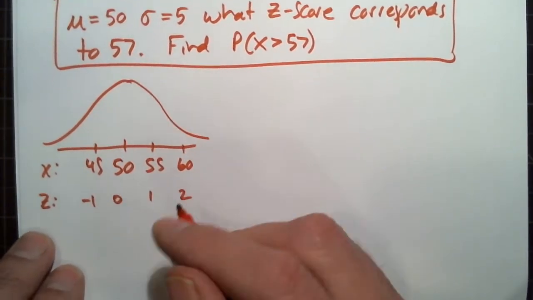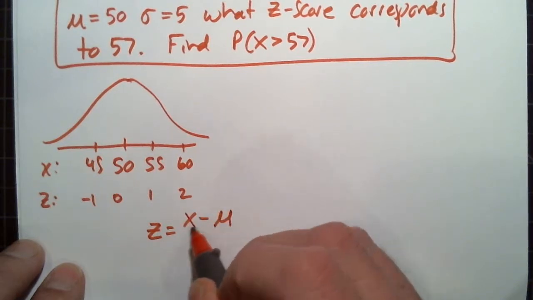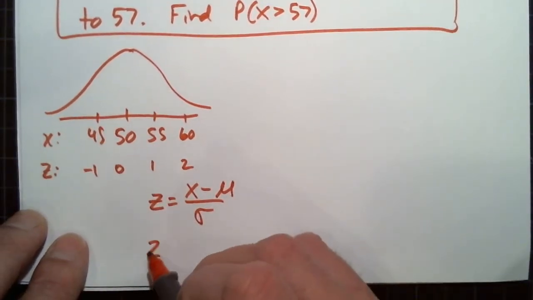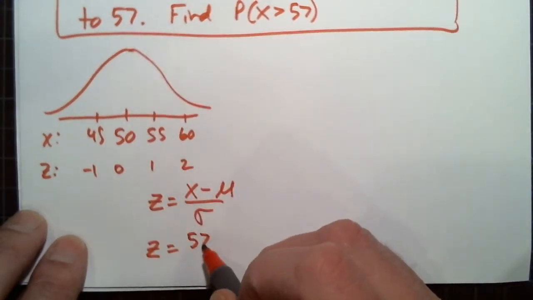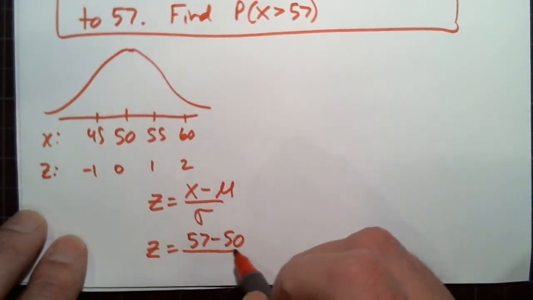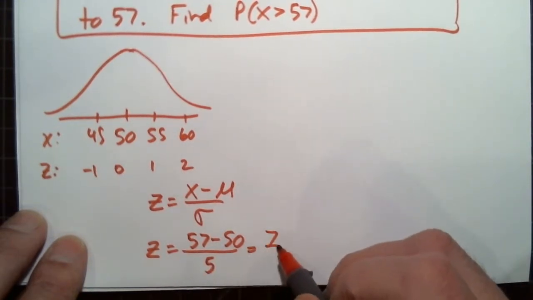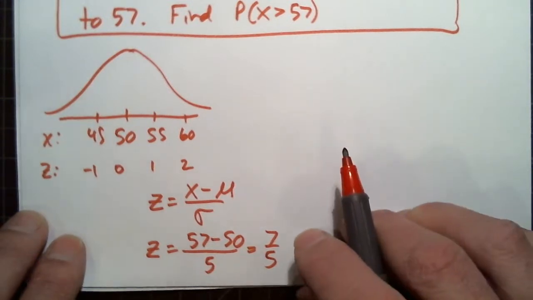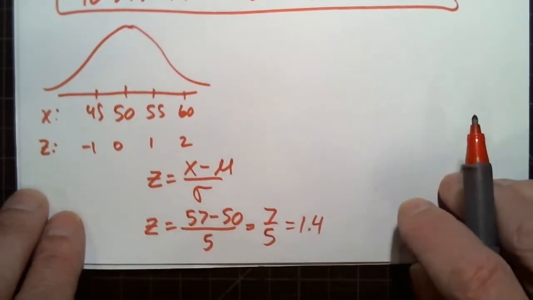So to do that, we would use the formula z equals x minus the mean over sigma. The x value that we want is 57, minus the mean is 50, over sigma is 5, 7 over 5, and we get 1 2/5, or 1.4.